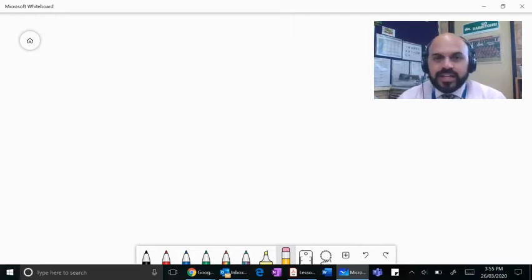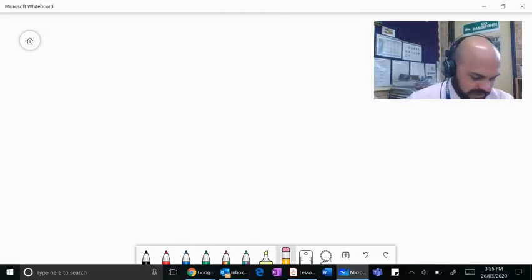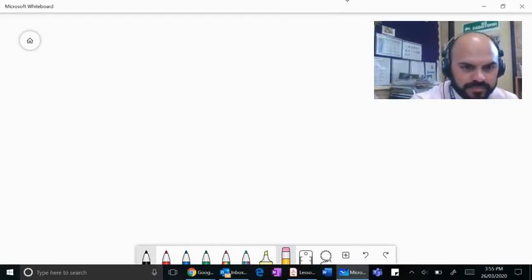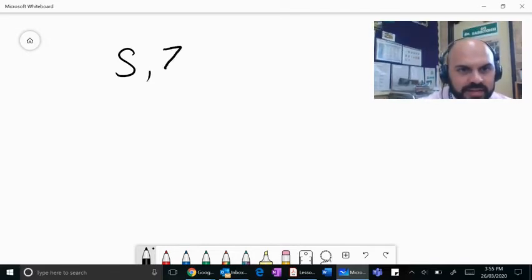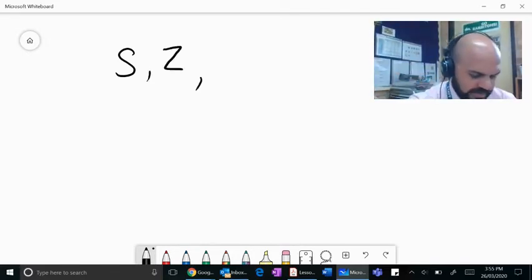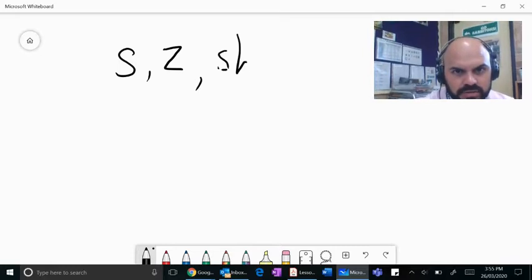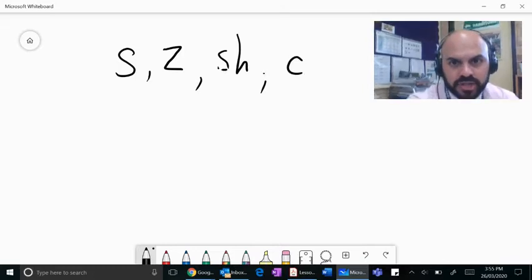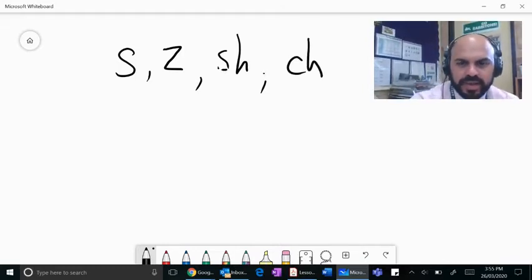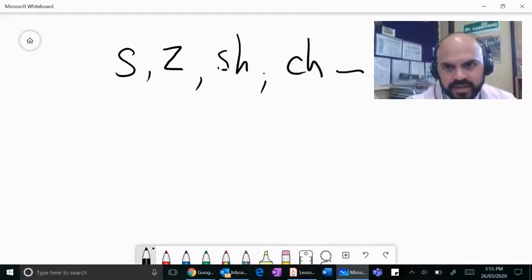Okay, the next one we're going to look at is plurals, and this ties into part A of lesson 27. And the rule is that when a word ends in S, if it ends in Z, if it ends in SH, or if it ends in CH, then to make it a plural, we add an ES.